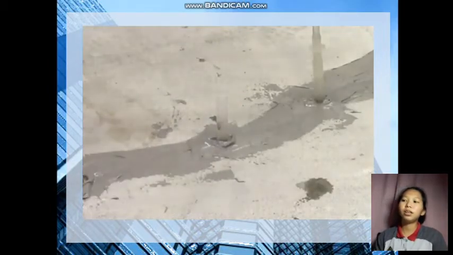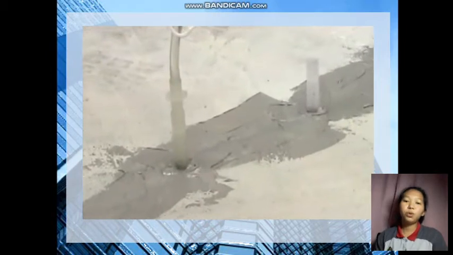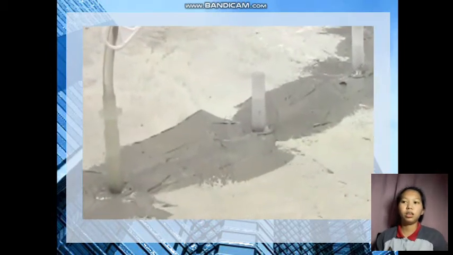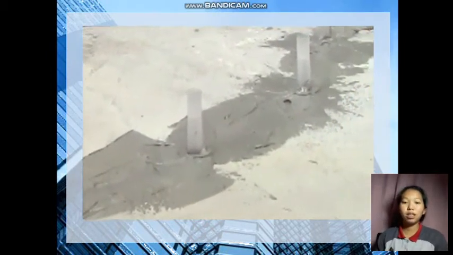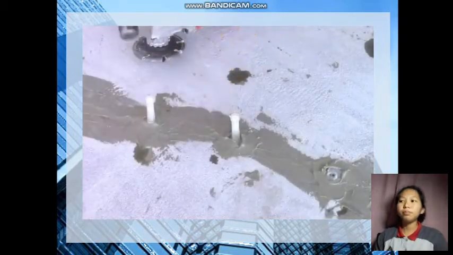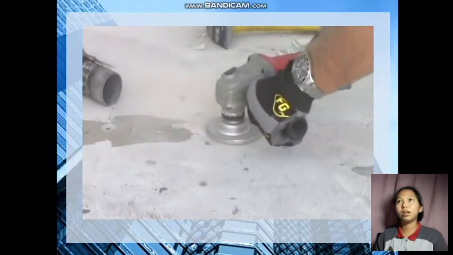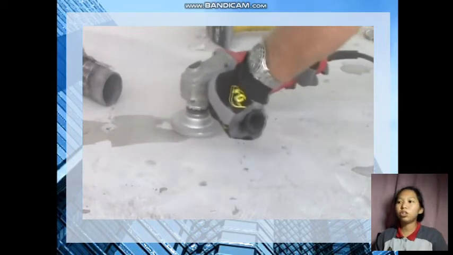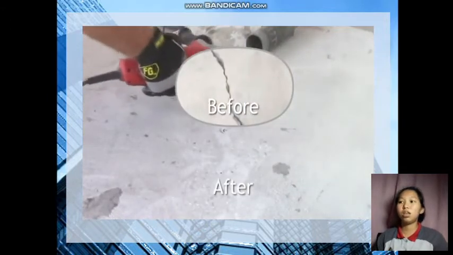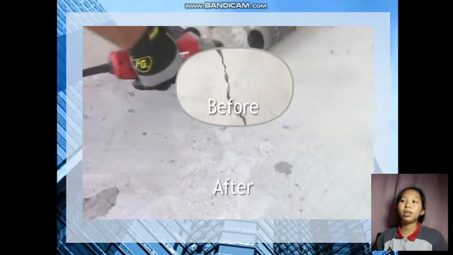For now, ini-inject na ngayon yung epoxy, then i-inject siya sa lahat ng nozzle na inilagay. Then, after na matuyo, ma-cure, tatanggalin na yung mga nozzles, and then now, ayan, makikita mo, nilinis na siya, naging smooth na siya. So, makikita mo yung difference niya, yung before and then the result of the process.